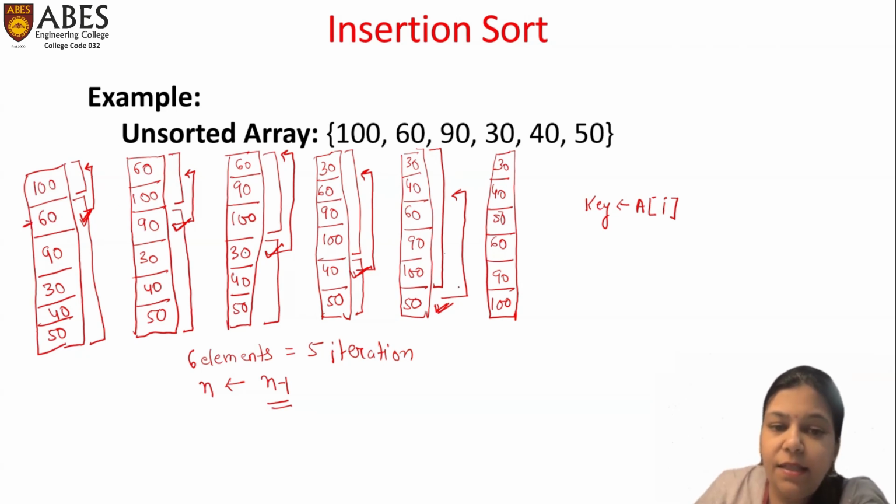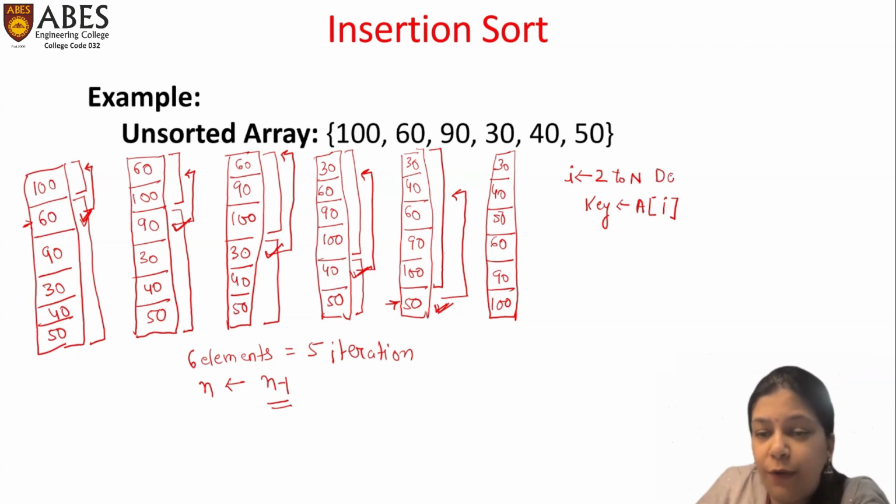From the second index, it is going till the last index. So I can say that i is taking up the values from 2 to n. And what we have to do here is place this element A of i into another variable key.